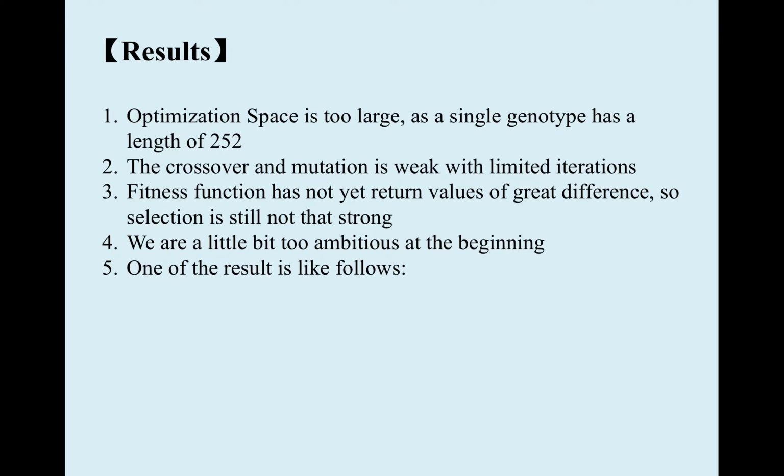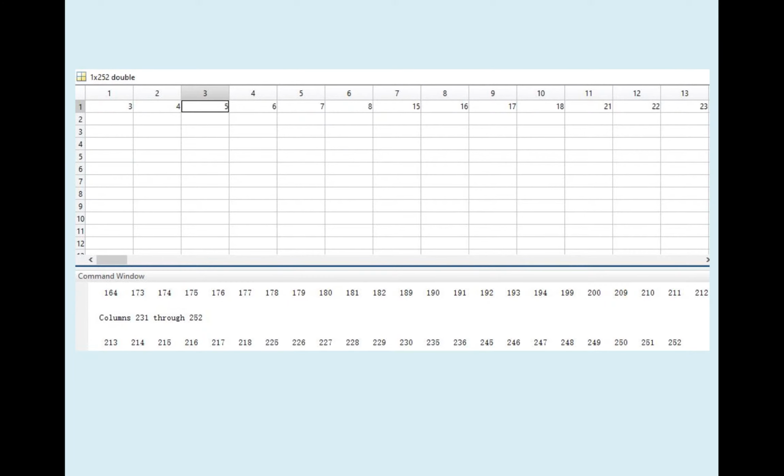So selection is also not that strong. Comparatively, I cannot select to a very good result in a very limited time span. So I need to generate a good population at the beginning so that I can start from a very good point and return better results in a very short time.